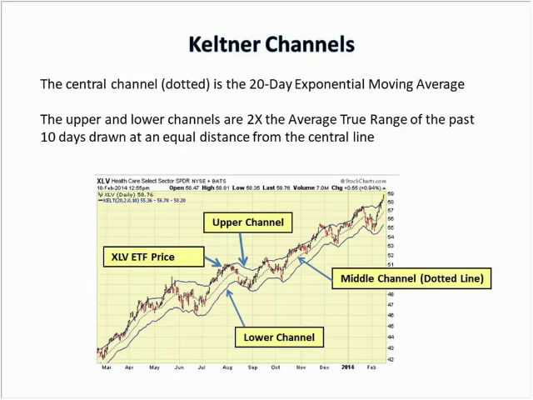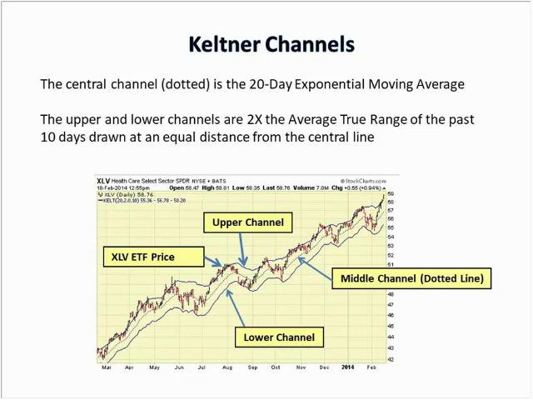This chart shows the daily price movement of the healthcare ETF, and you can see when the stock is trading up near the upper channel or above the upper channel, then the stock is getting overbought. And when it trades near the middle or lower channel, the ETF is getting oversold.